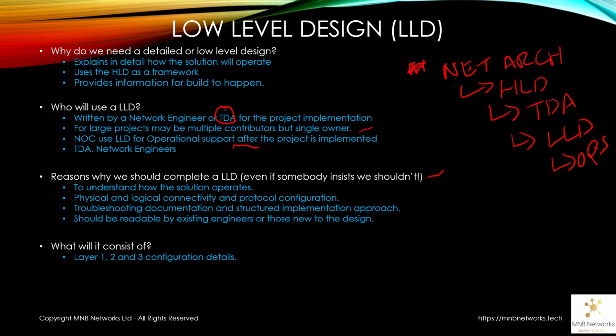So then we move on to what the low-level design will actually consist of. The low-level design consists of layer 1, which is physical, layer 2, which is things like VLANs, port channels and stuff like that, and then layer 3, which is IP addressing, routing protocols, redistribution and things like that.